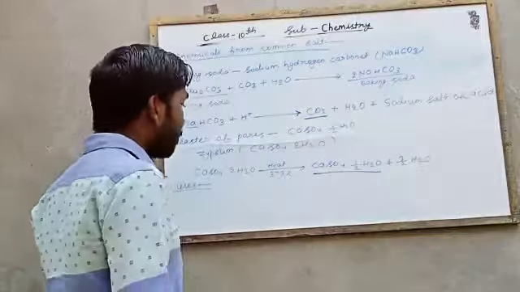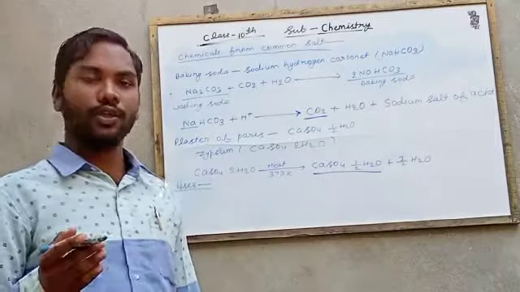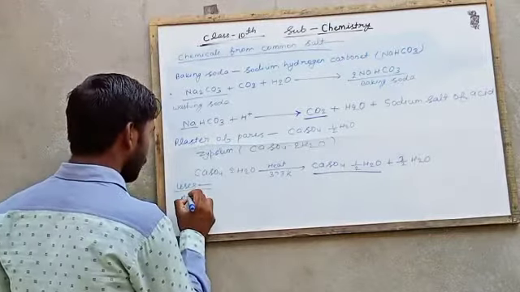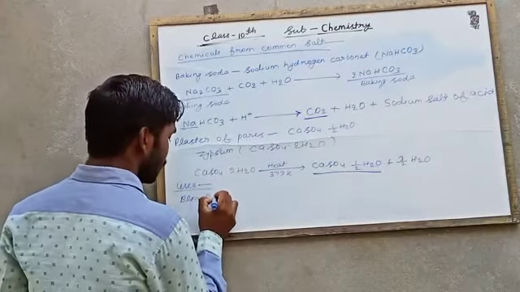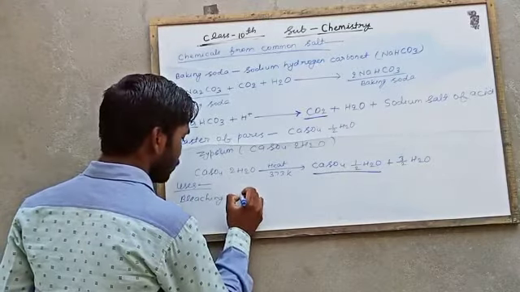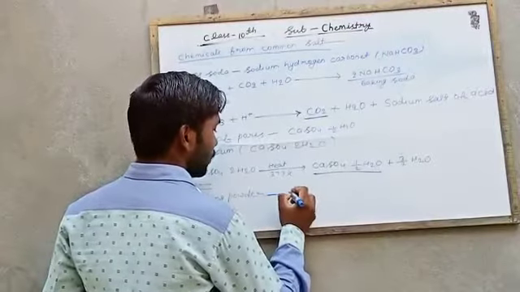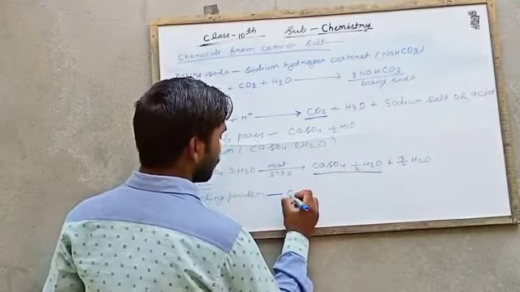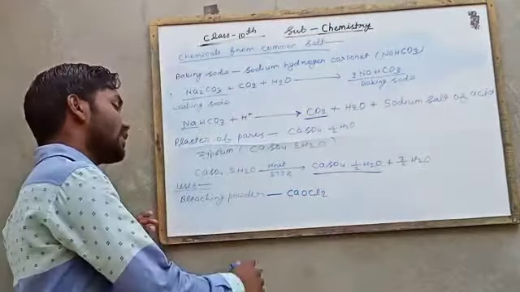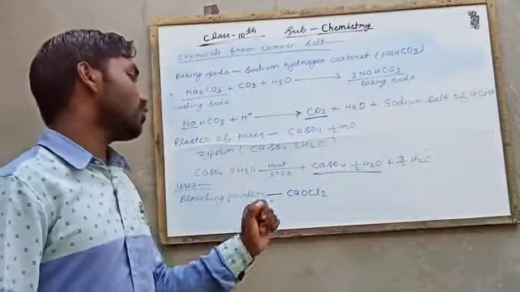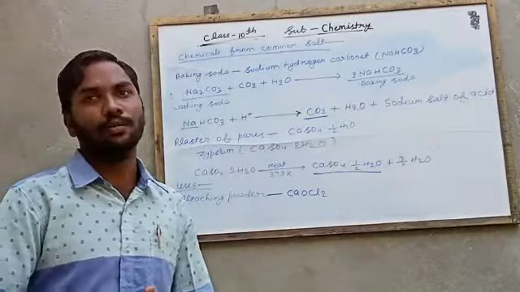After that, bleaching powder. The formula is CaOCl2. This is also known as calcium oxychloride or calcium hypochlorite.